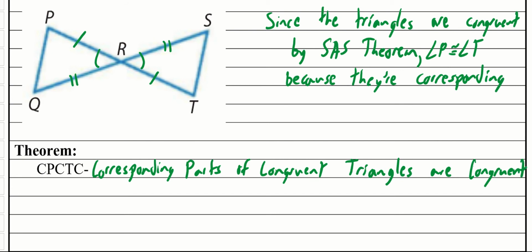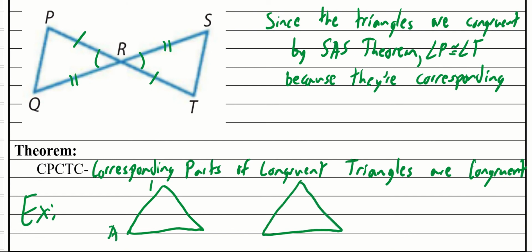So for example here, if we're looking at two triangles that we know are congruent, let's say we'll draw triangles ABC and DEF. And let's say we've proven that they're congruent because of one of the simplest theorems we have, the side theorem. So let's have one pair of sides, two pairs of sides, and three pairs of congruent sides.